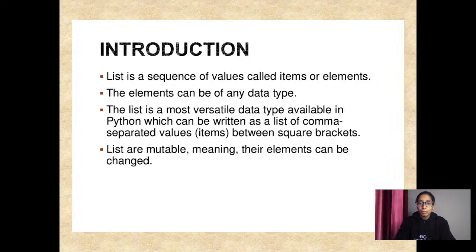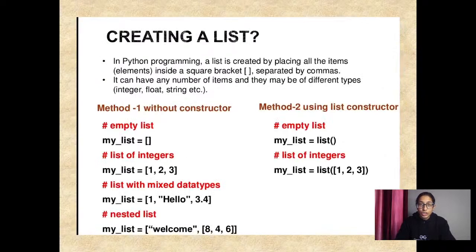And lists are mutable, which means that any elements can be changed. Strings, which we studied earlier, are immutable, so they cannot be changed. As our list is mutable, the elements can be changed.